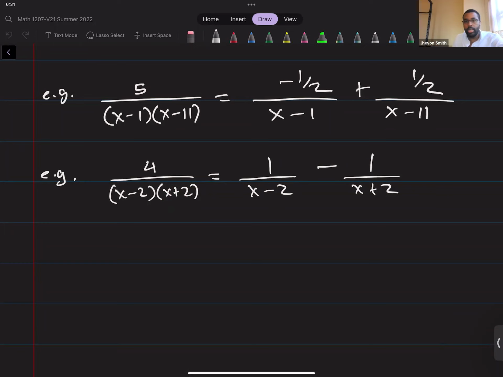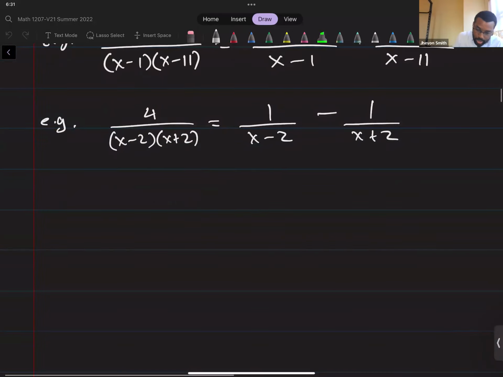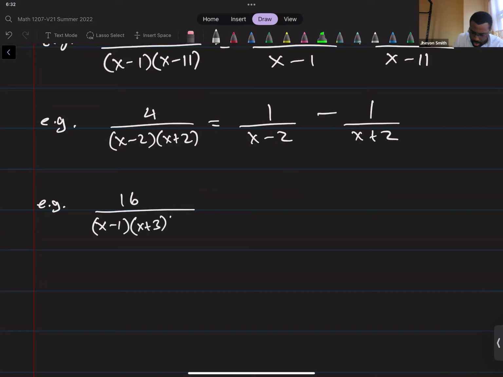And you can do this for non-repeating linear factors, and it doesn't matter how many. So I can have something like 16 over x minus 1 times x plus 3 times x plus 4. So this would break down to x minus 1, x plus 3, x plus 4. What goes on top of the x minus 1?